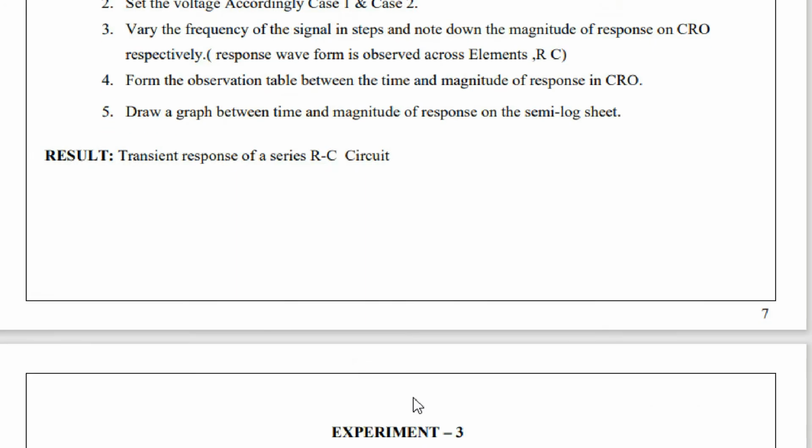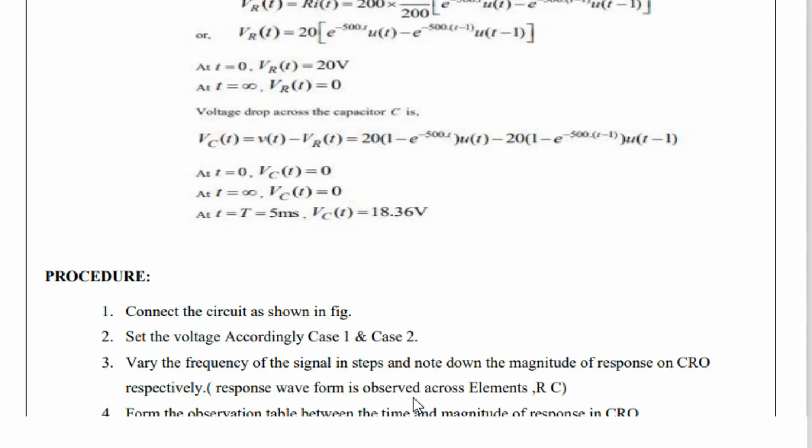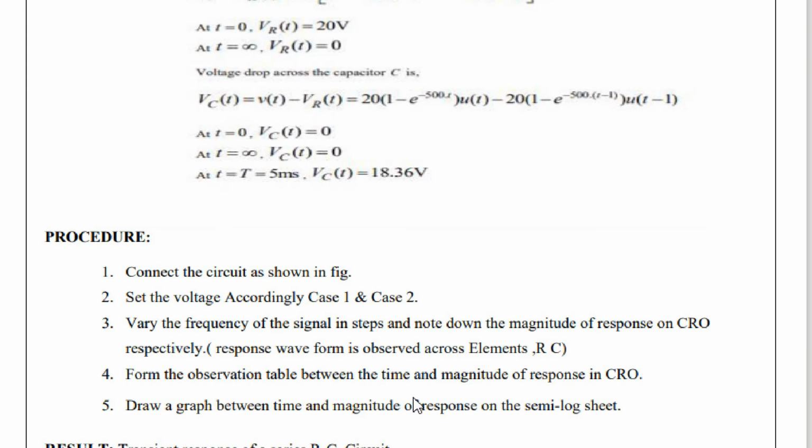So Vr of t at t equal to 0 is 20 volts, and at t equal to infinity, Vr of t is equal to 0. Similarly, the voltage across the capacitor at t equal to 0 is 0, at t equal to infinity is 0, and at tau, at 5 milliseconds, it is 18.36. So these are all the values we got at different points. By considering the two cases, we got Vc of t, Vr of t, and I of t.